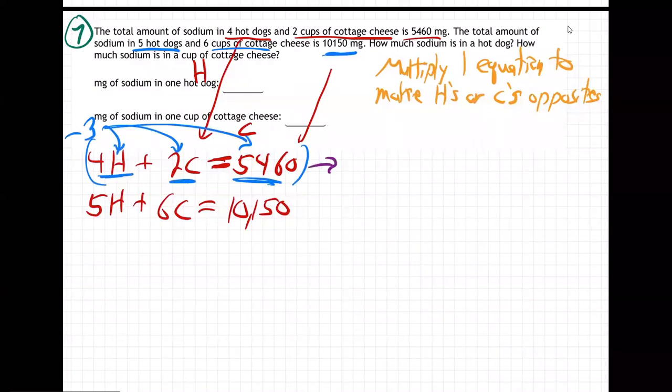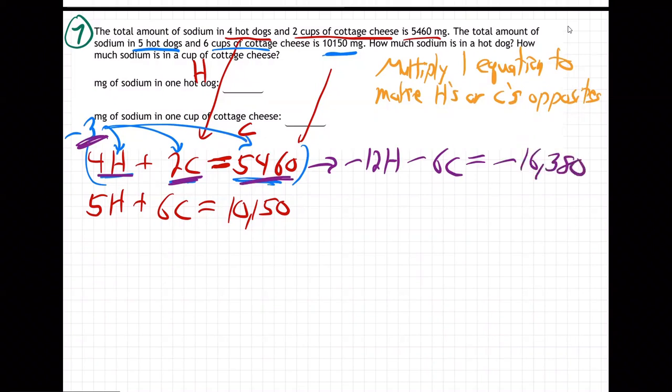Negative 3 times 4 would be negative 12h minus 6c. Everybody see what I'm doing? Negative 3 times 4 is negative 12h, and negative 3 times 2 is negative 6c equals, and then negative 3 times 5460, I have no idea. My calculator here says it is negative 16,380.